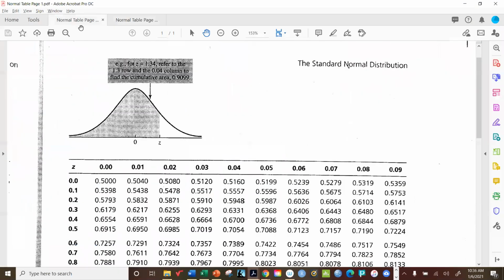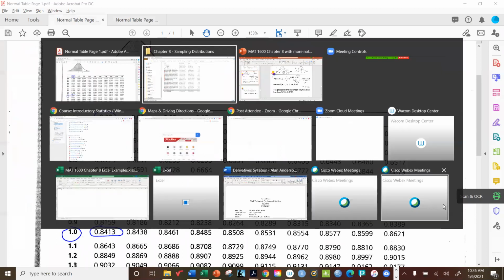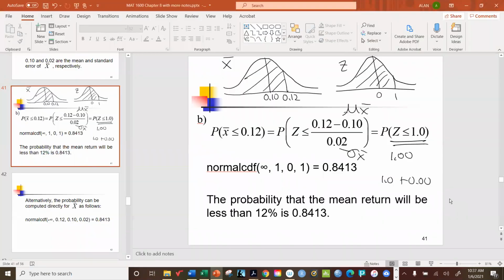Let's go get it. In fact, there it is right there, 84.13%. Okay, so this whole shaded area from the table is 0.8413, which means the same thing over here.